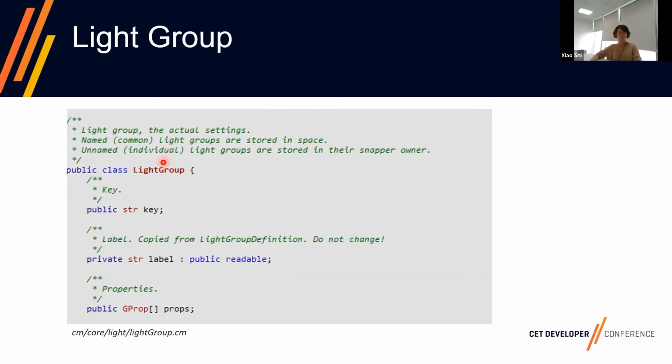And the light group that you only change yourself, let's call that the personal mode light group, is stored in every snapper itself. So you can see that there are some labeling keys for the UI, and concentrate a little bit more on this gprop array.